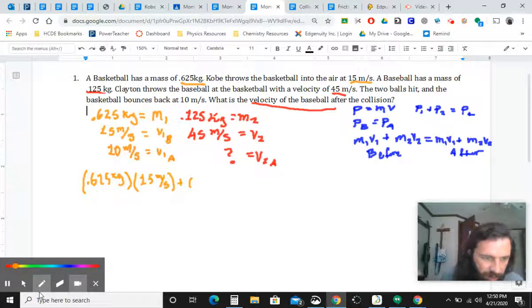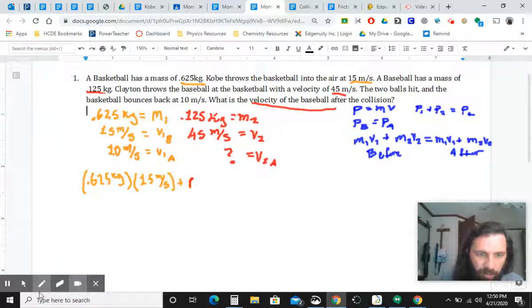Oh, and I need to switch to red for this because we're talking about baseball now. So there's my parenthesis. 0.125 kilograms times V2 before, we forgot to write that here, but this was V2 before, is 45 meters per second.